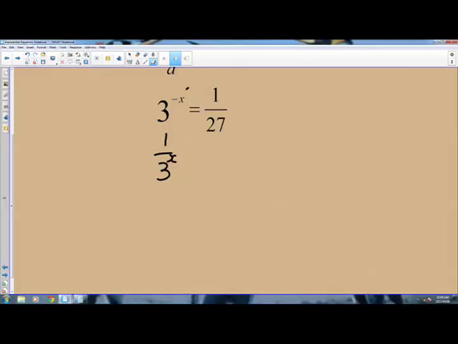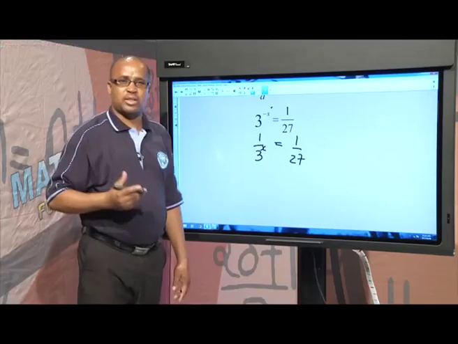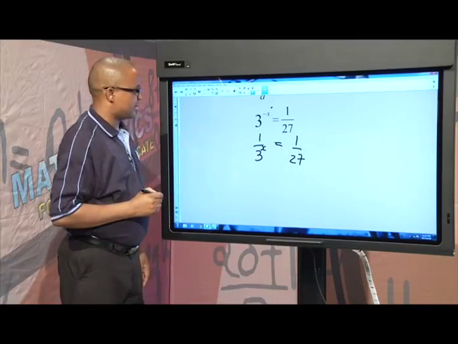The implication of the negative power simply says the 3 here is supposed to be below the division sign. So this will be 1 over 3 to the power x. It's equal to 1 over 27. So this is how we simplify this.